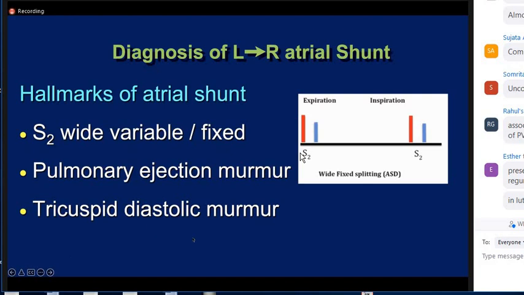So when you examine, you have the first heart sound and second heart sound, and you have to mention whether the third and fourth heart sounds are present or not. Somebody asked whether the first heart sound is normal, soft or loud. In atrial septal defect, by and large, it's a normal first heart sound. If there is a mitral regurgitation, then it becomes soft.